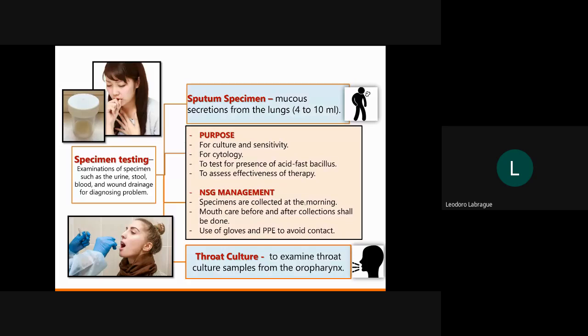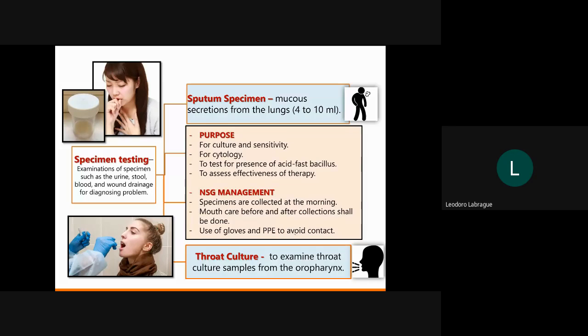It is easy to collect the specimen in the morning. Next, mouth care before and after collection shall be done, which means you ask your patients to clean the mouth before and after. Okay, and most importantly, use of gloves and PPE. Why? This sputum is considered infectious. It might have some microorganisms on it.